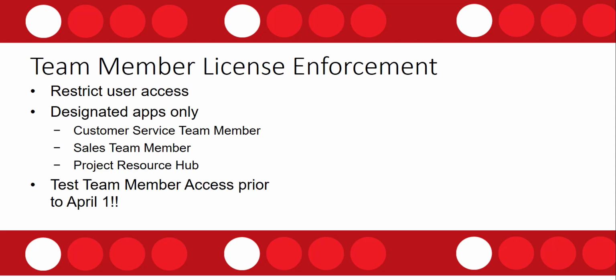So make sure that you test all of this access, and it actually has that security role in the database, so you can assign that to somebody and then test your access. But make sure you actually do that right before that enforcement date of April 1st.